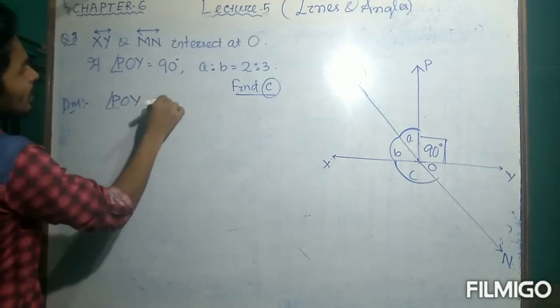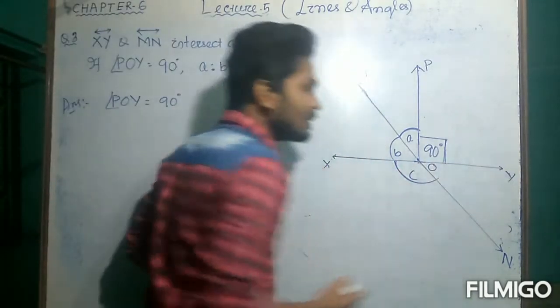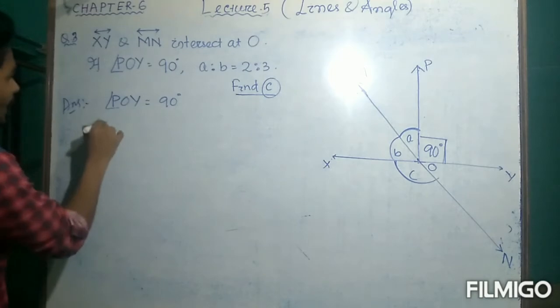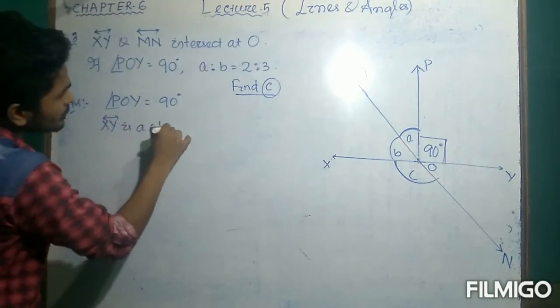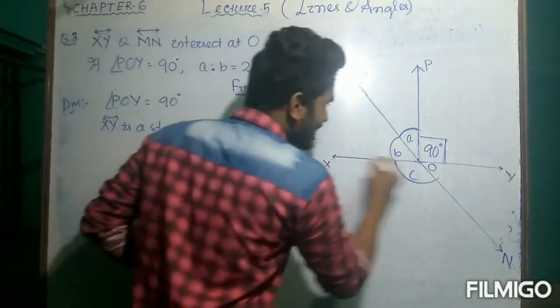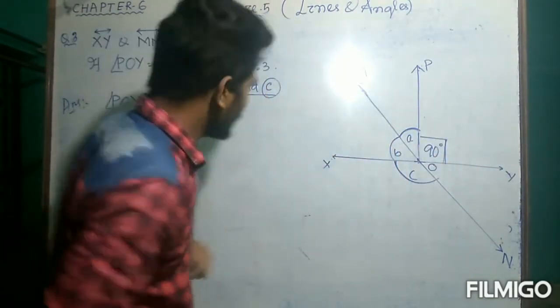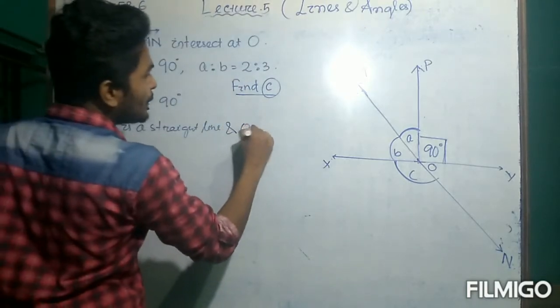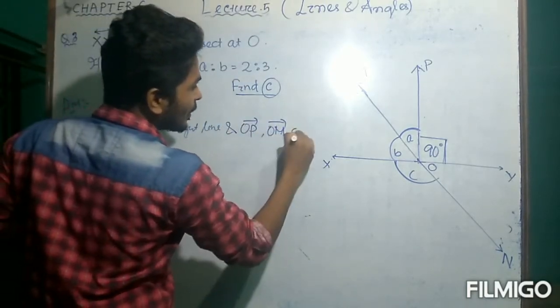POY is equal to 90 degree. Since XY is a straight line, and on this line OP, OM are two rays, and OP, OM stand on it.